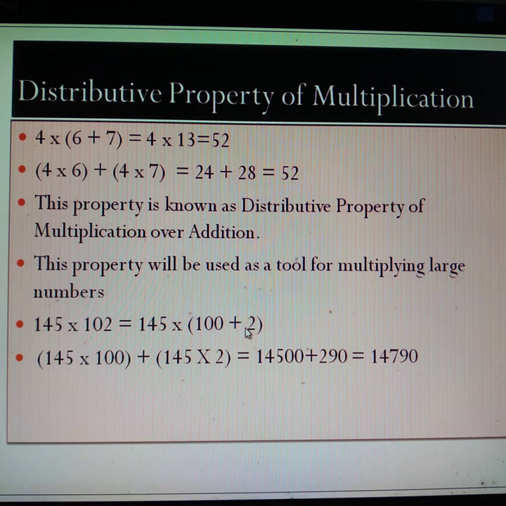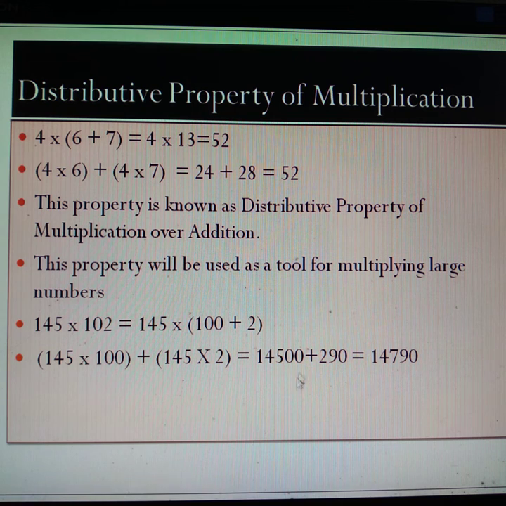Now in earlier videos, we have seen that if any number is multiplied by 100, then we have to write the number and write 2 zeros as it is given in 100. So 145 into 100 equal to 14500.